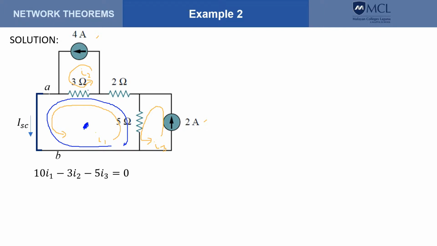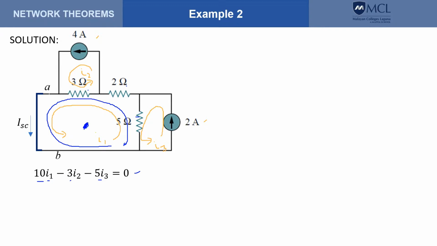So 3 plus 2 plus 5, we have 10 times the loop current I sub 1 minus the drop due to the loop currents outside the loop. So that is 3 I sub 2 minus 5 times I sub 3. And that we equate to 0.